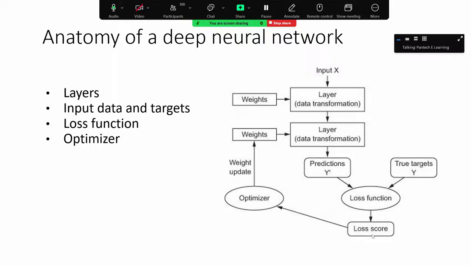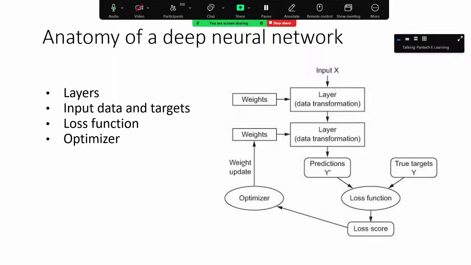Because we need to decrease the difference between the prediction and the true data. That's the idea here. The loss function will calculate the loss score, so we need to minimize the loss score. The optimizer will work on the loss function and will try to reduce the loss score.